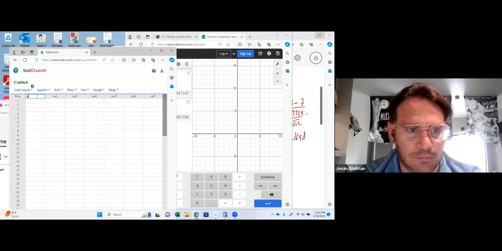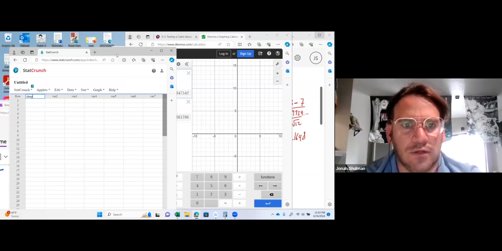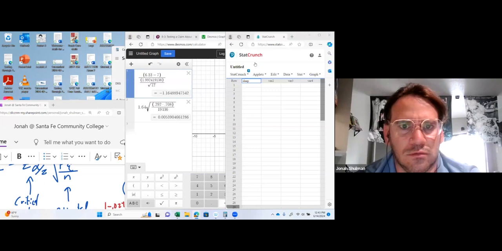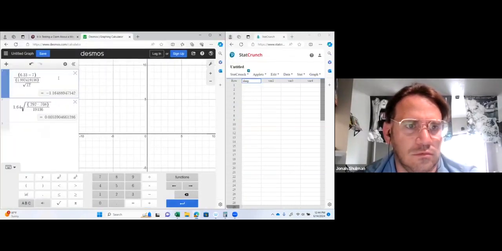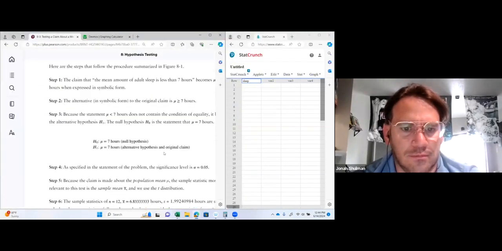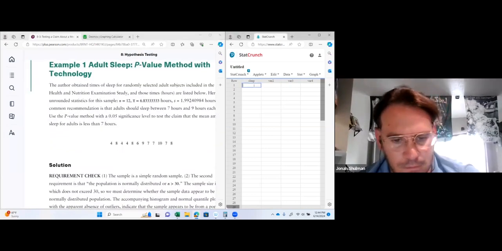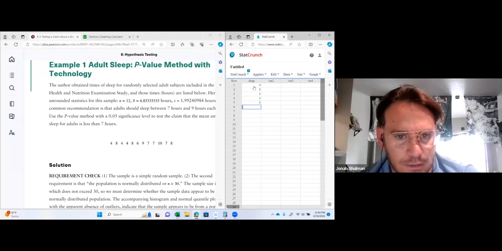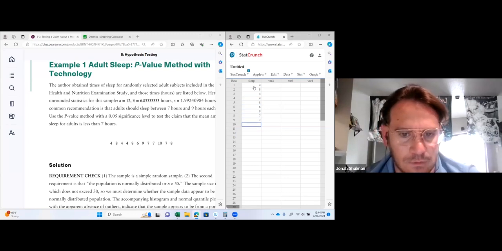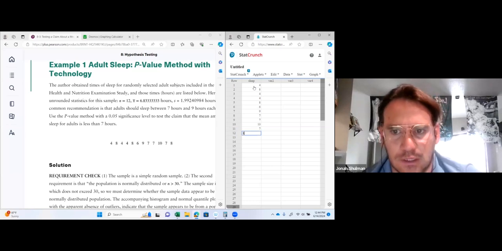We know this is sleep. Let's check out these values. Four, eight, four, four, eight, 6, 9, 7, 7, 10, 7, 8.